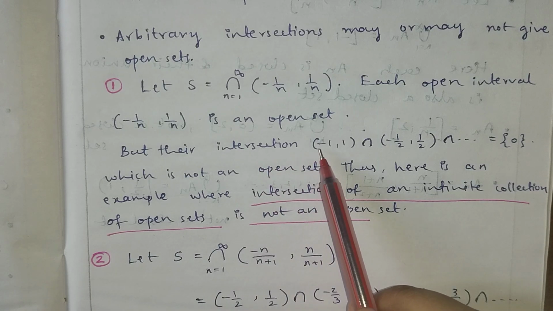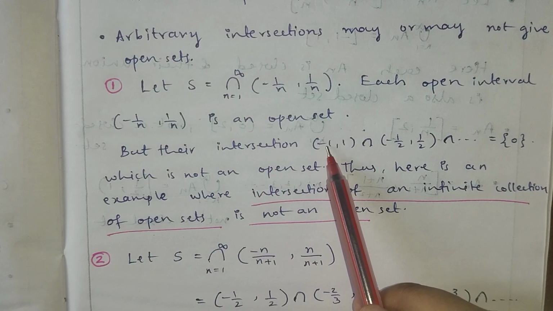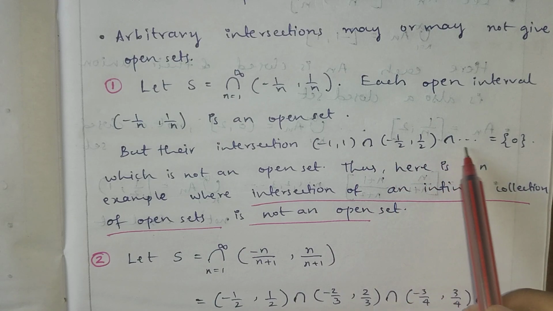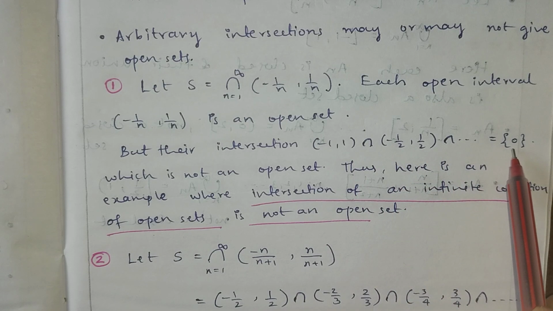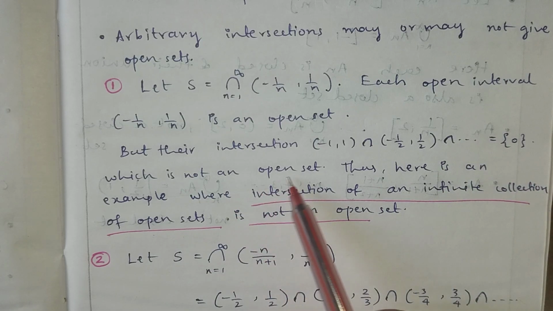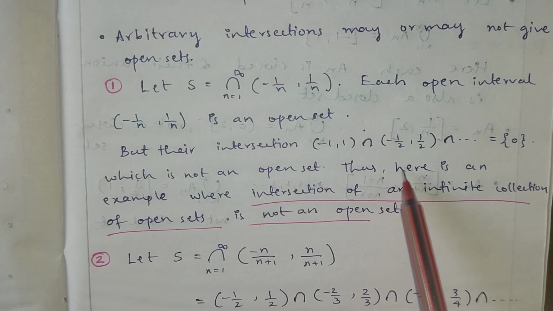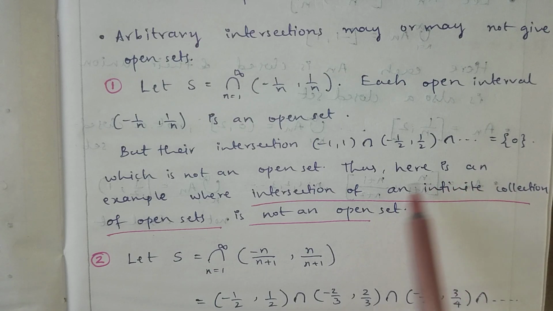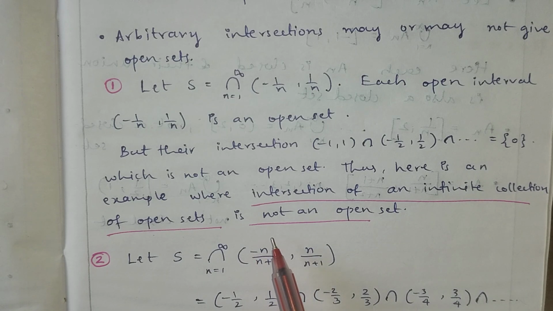But their intersection, open interval (-1, 1) intersection open interval (-1/2, 1/2) intersection and so on, will be the singleton set {0}, which is not an open set. Thus it is an example where the intersection of an infinite collection of open sets is not an open set.